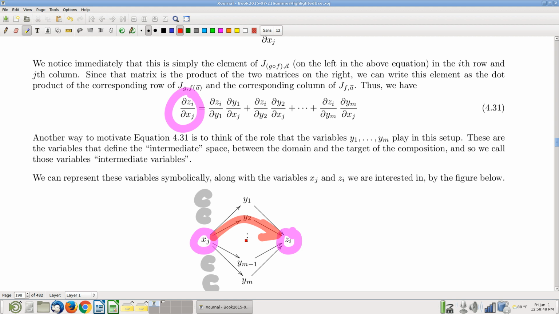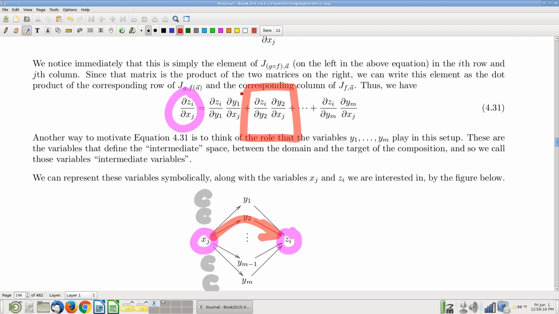Xj is going to cause y2 to change by a factor that is the partial derivative. y2 is going to cause zi to change by a factor, which is that partial derivative. So this second term corresponds, you might say, to how much changes propagate along that second path.